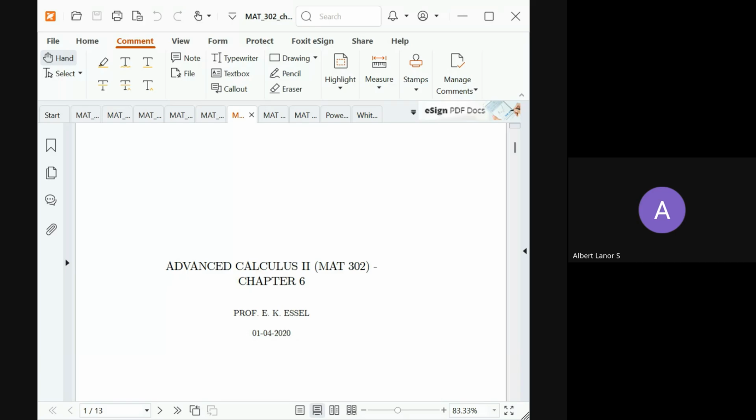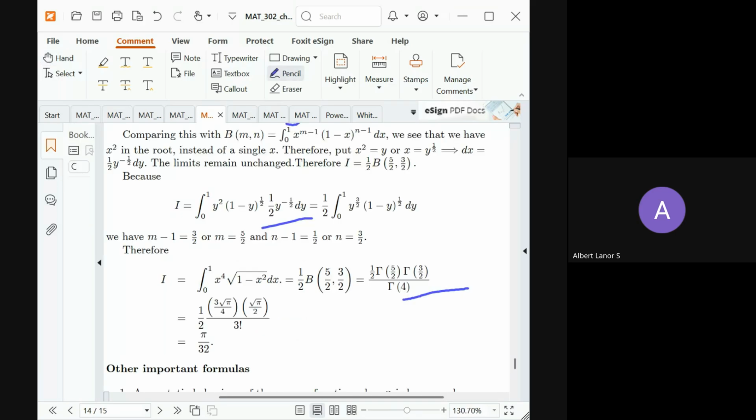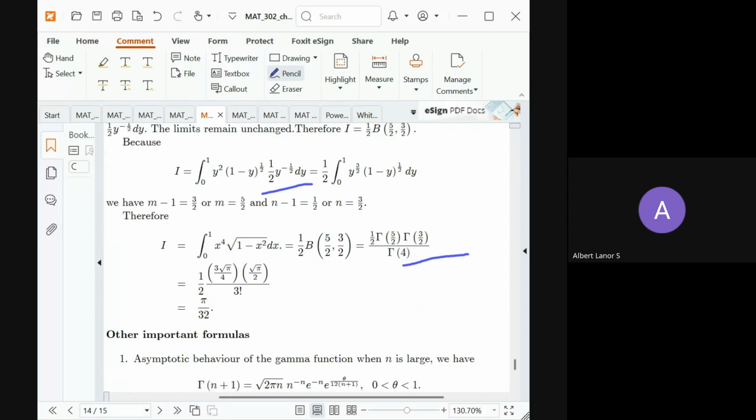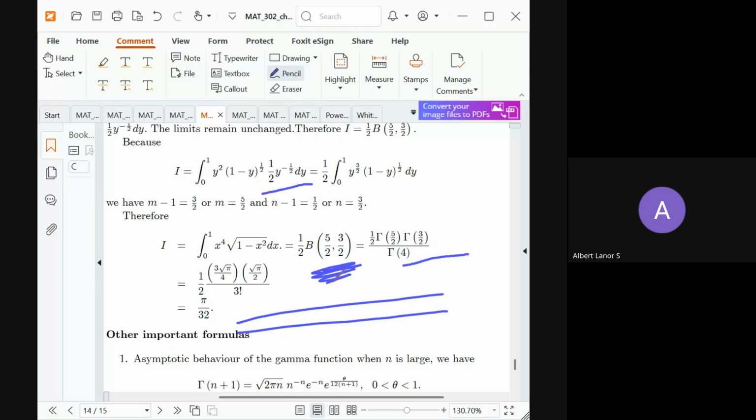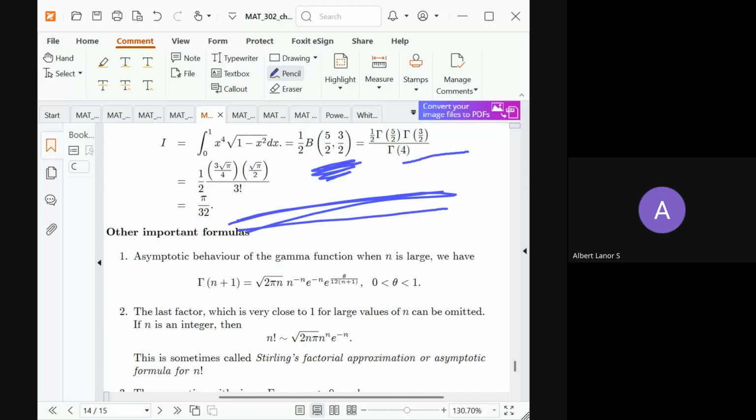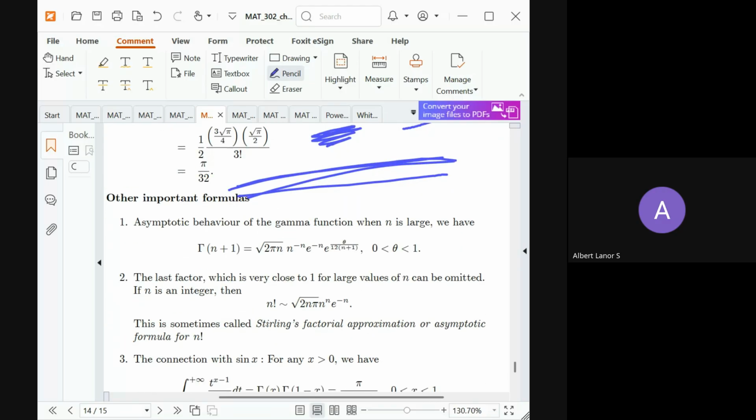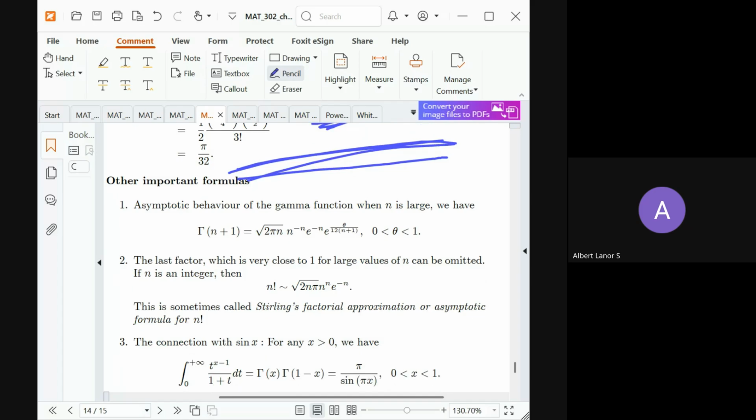All right. So, I'm sure that we're okay up to this point. Once you're able to write the beta function, half of that divided by that, and then you have I on 32. Other important formulas. Now, the gamma function of this is given by this.